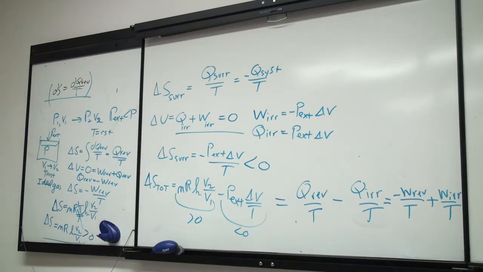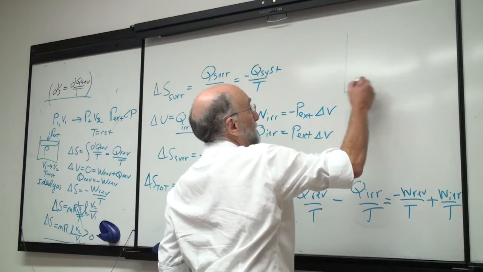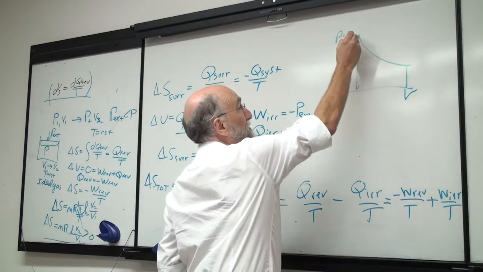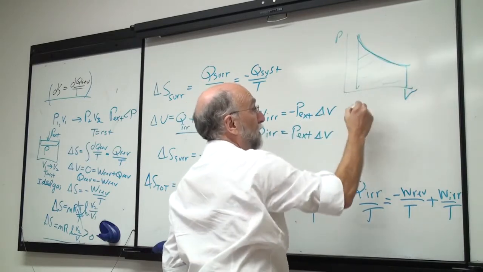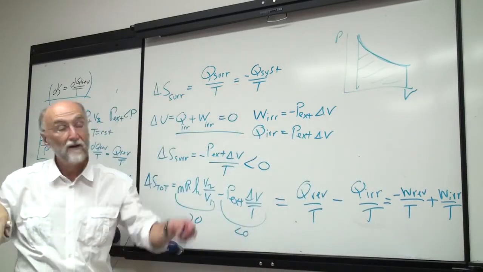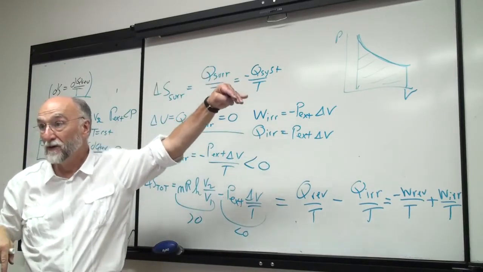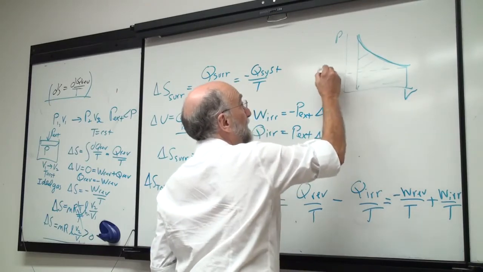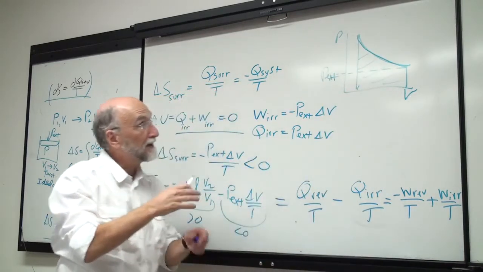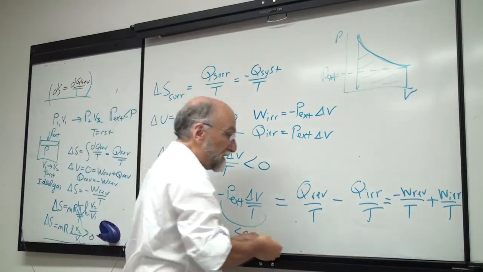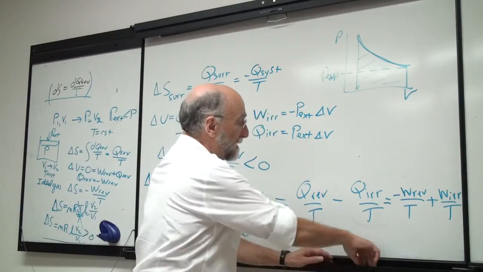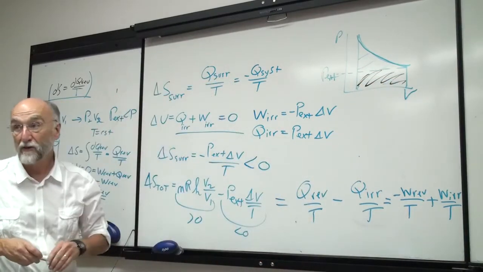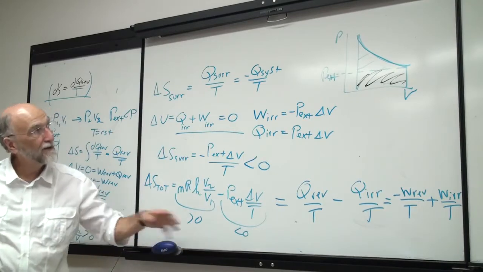Remember that we're talking about an expansion here, and I showed you the other day the PV diagram, where this is the pressure of the system. The reversible work is the integral of P dV, the area under the curve. If you had a constant P external, this is P internal, and now you're expanding against a constant external pressure, in that case the irreversible work is this area here, which must always be less than the reversible work, at least in absolute terms.